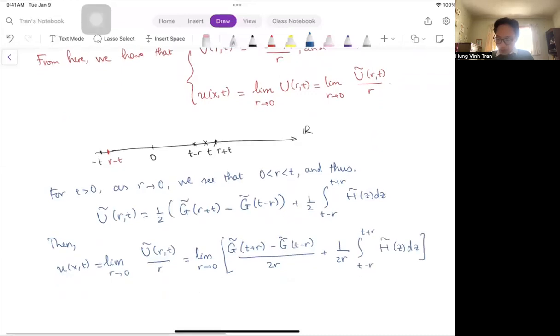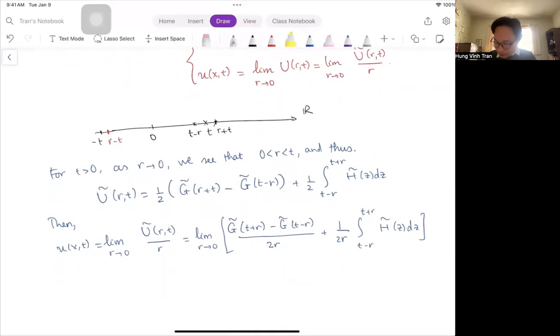You can see now that the first term in this limit is, by definition, the derivative of g tilde at t. It's beautiful, it's precisely the derivative.